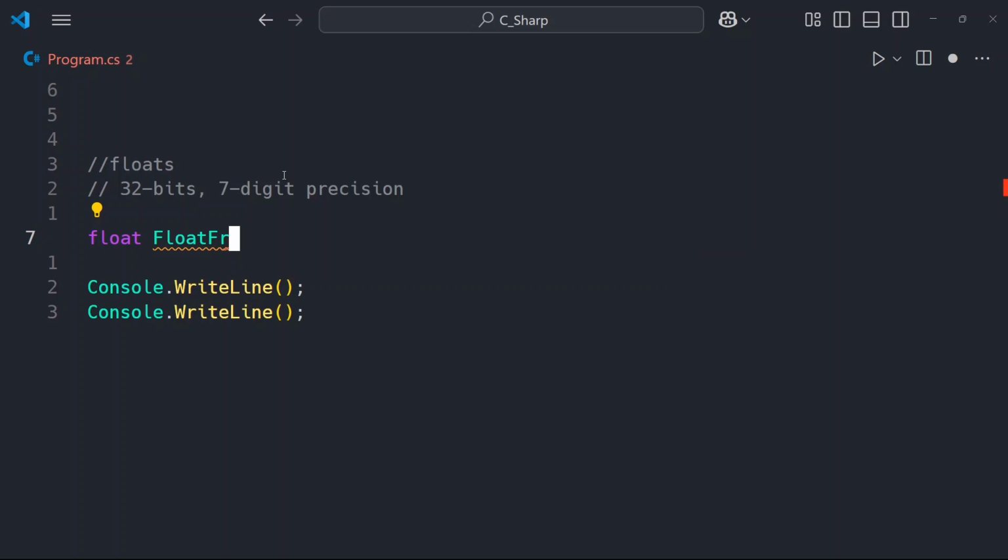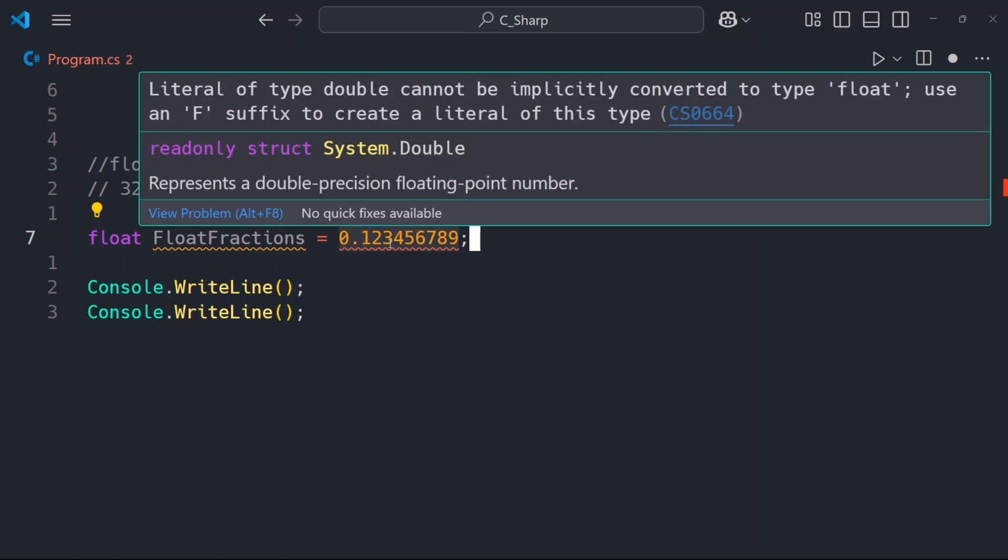So we could say float fractions, and we say 0.1234567891. Now you can denote floats with an F at the end. If you don't do this, if you leave it like this, it's going to say literal of type double cannot be implicitly converted to type float.